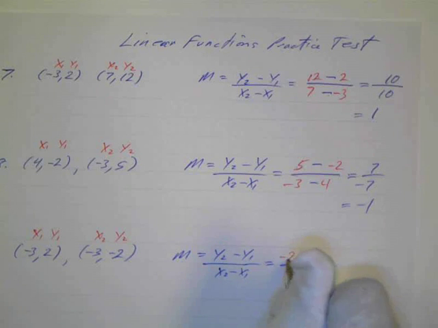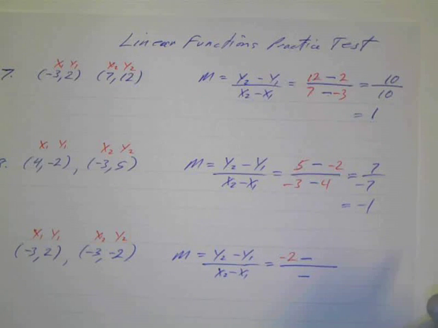Negative 2. And y1 is 2. So negative 2 minus 2 all over negative 3 minus negative 3.